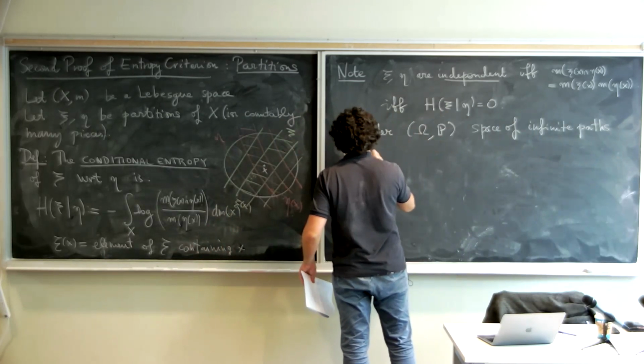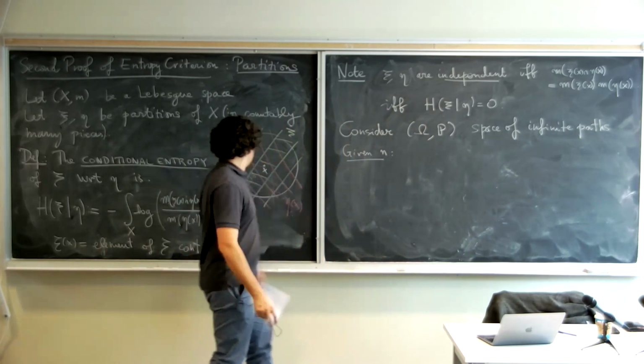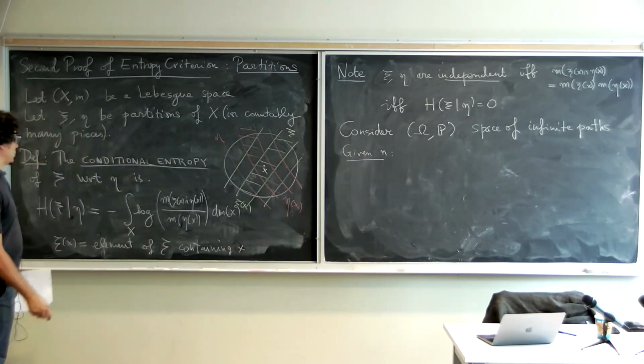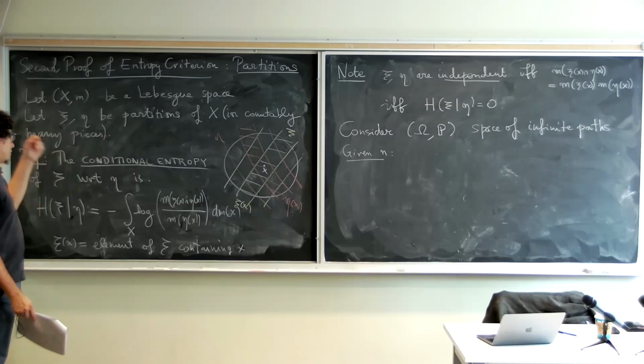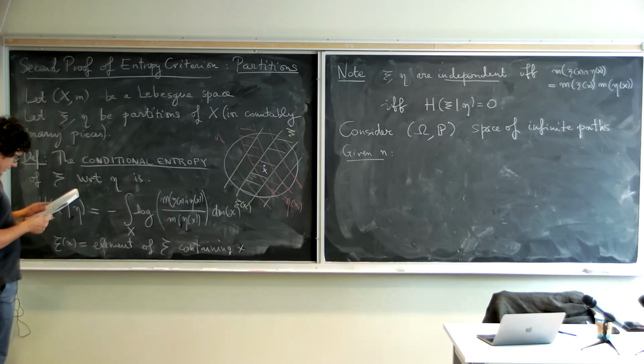If they're independent, the log becomes log of m(zeta(x)), and the integral is 0. Wait, we have to normalize.